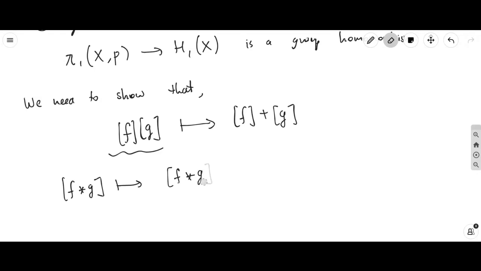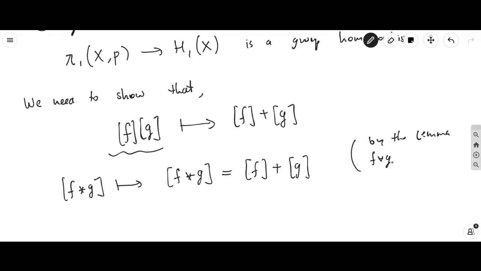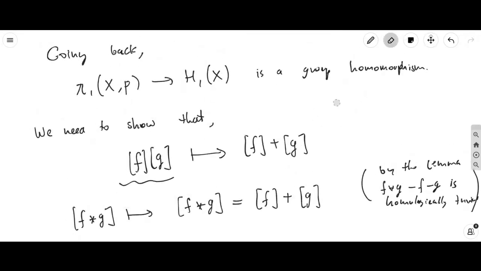But the homology class of the juxtaposition, and this is what we've just proven, is F plus G. Because by the lemma, F juxtaposed G minus F minus G is homologically trivial. So this is a different representative for that, and that proves that we have a group homomorphism.